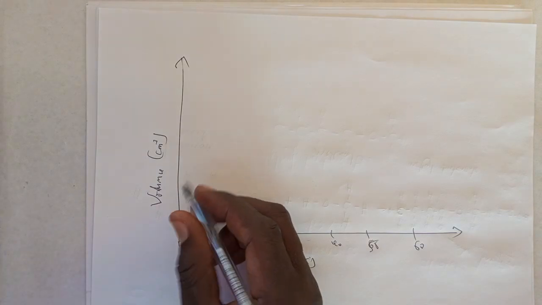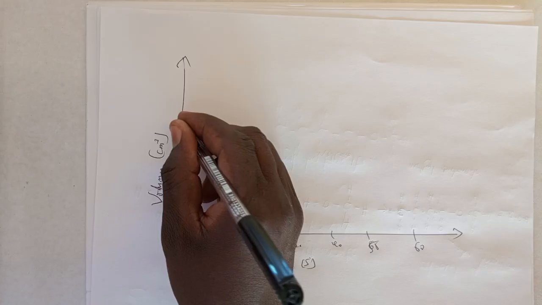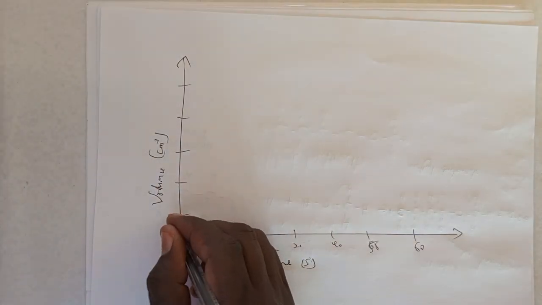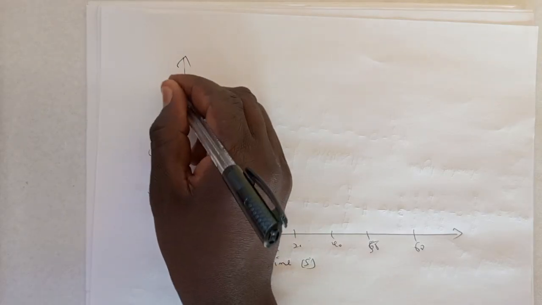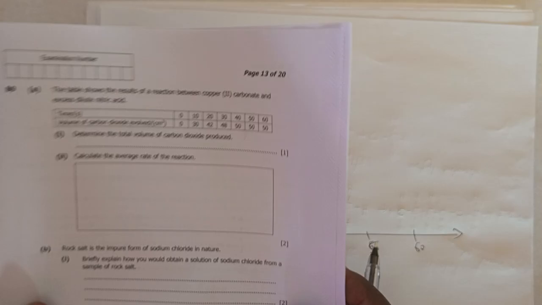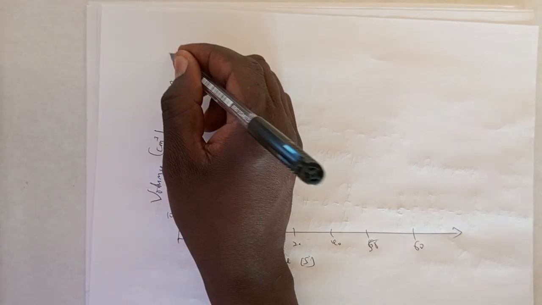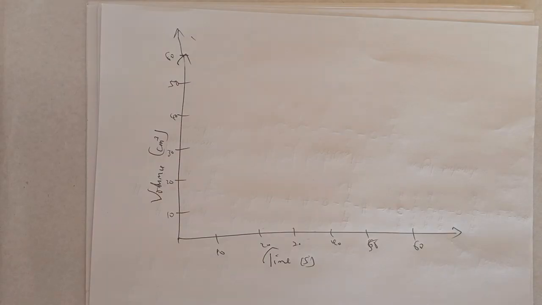Then you have your volume increasing steadily like this: 10, 20, 30, 40, and 50. If you are asked to plot, I want to show you that at 50 the reaction had already stopped. This is not an accurately drawn graph, just a sketch to amplify the explanation.